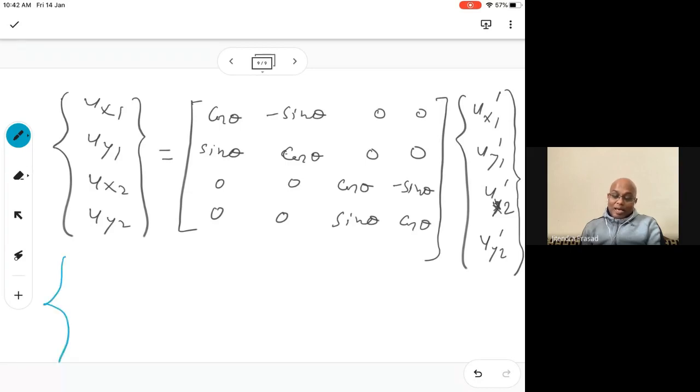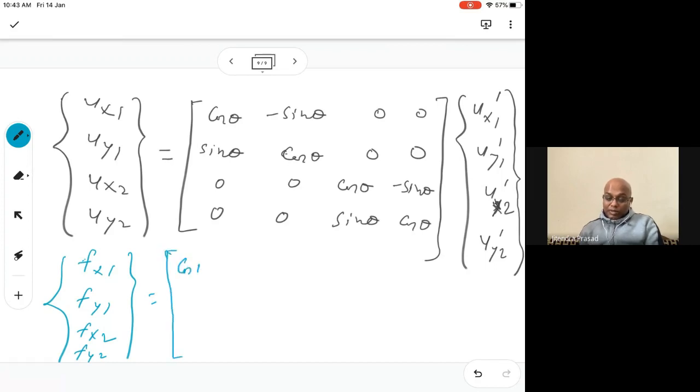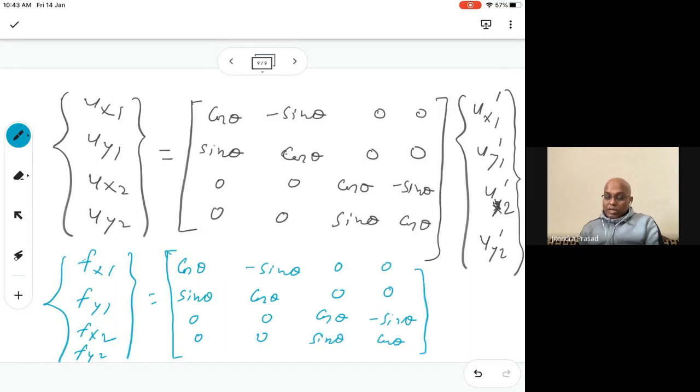You can write that fx1, fy1, fx2, fy2 can be related exactly the same way: cos theta minus sin theta 0 0, sin theta cos theta 0 0, 0 0 cos theta minus sin theta, 0 0 sin theta cos theta, because these are also vectors.